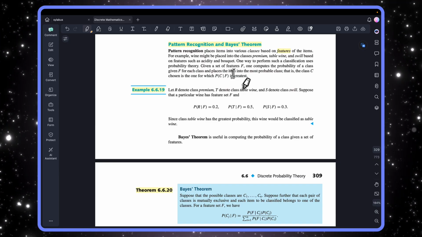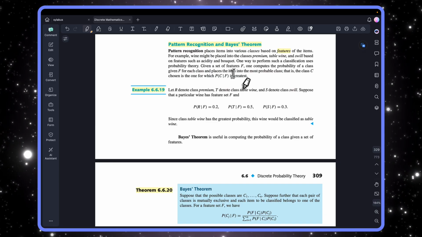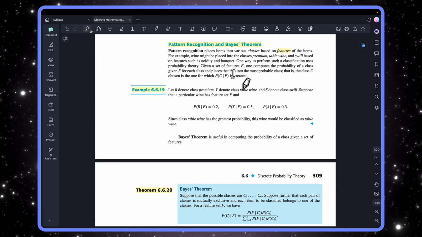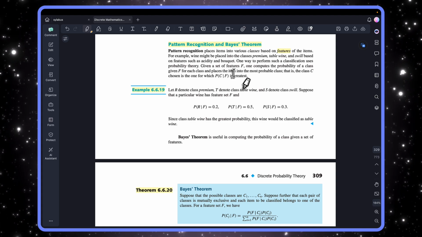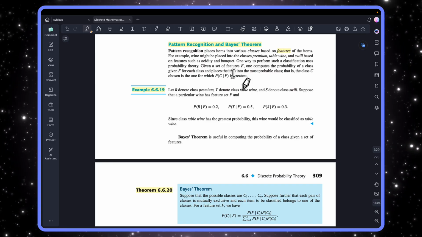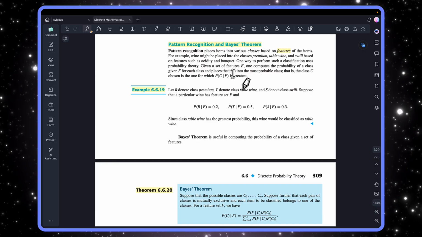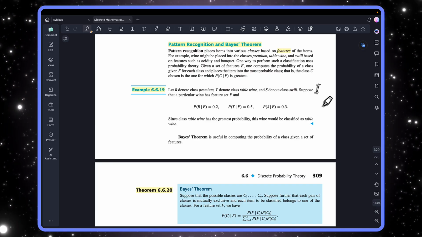Given a set of features F, one computes the probability of a class given F for each class and places the item into the most probable class. That is, the class C chosen is the one for which the probability of C given F is greatest.